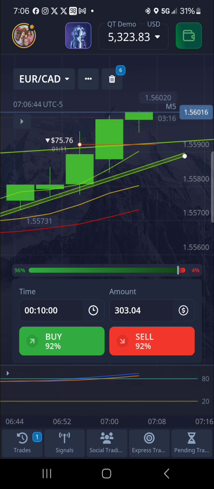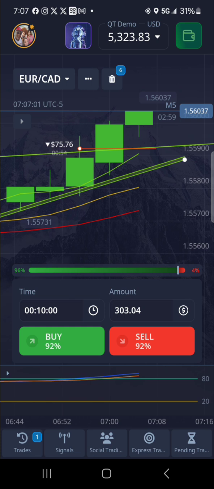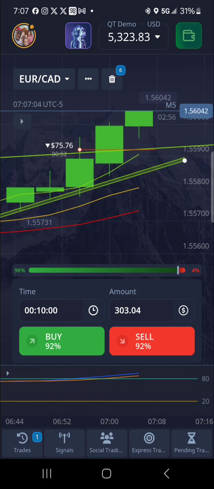When it's opposite, when the fatness is at the bottom and the top is skinny, it's called an inverted hammer, or some people call it a shooting star. Which means that selling pressure is going down.